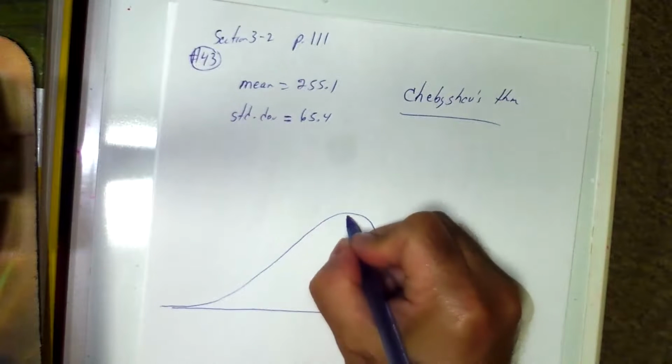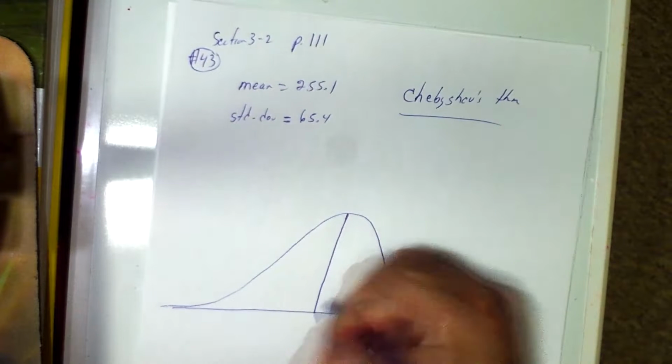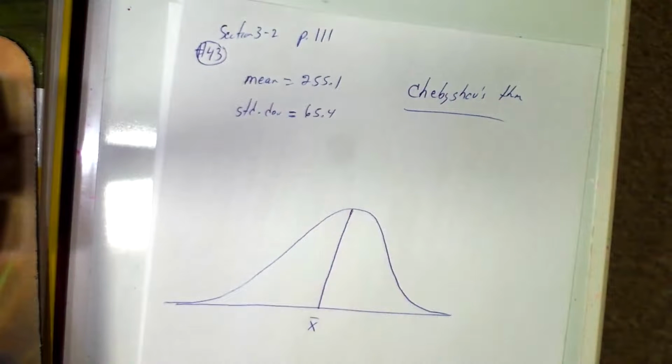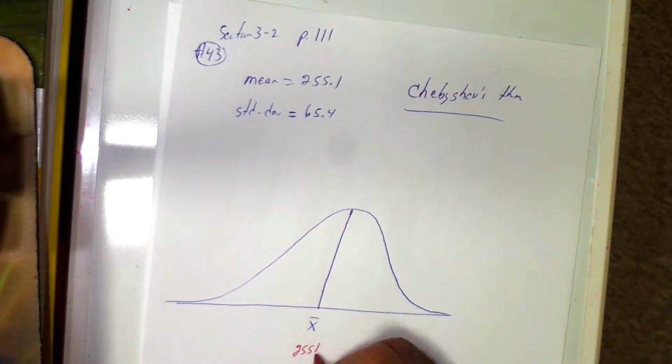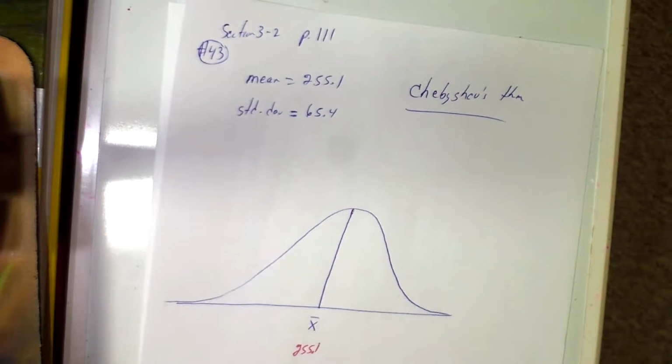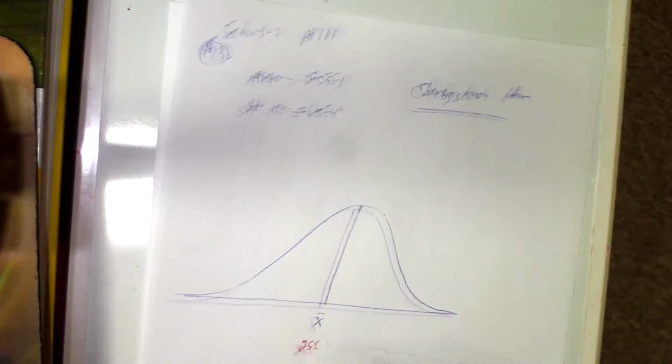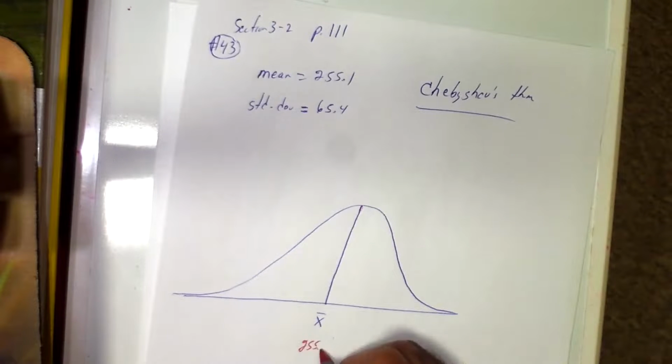In the middle, I'm going to put my mean. My mean is 255.1. I made it too close.